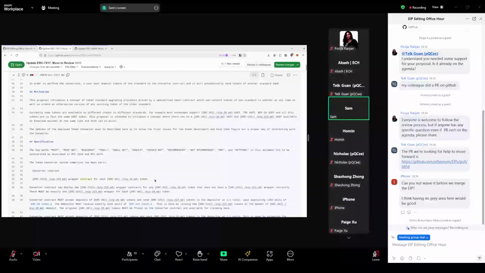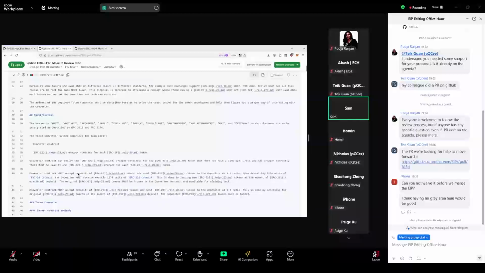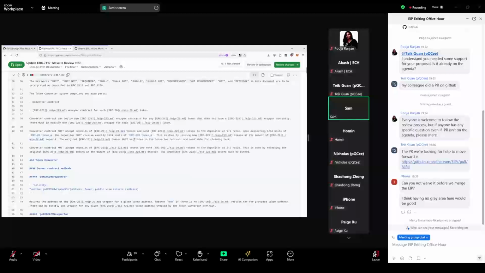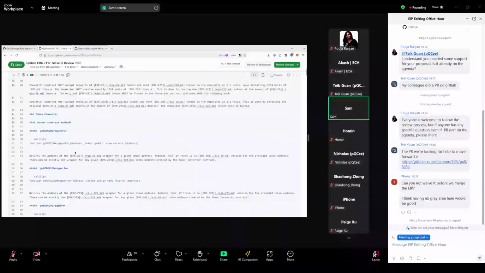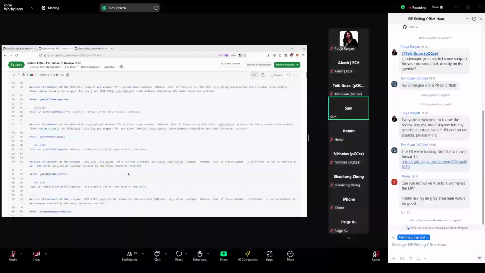Okay. The converter contract must accept deposits of ERC tokens at a 1-1 ratio. Okay. Yep, that makes sense.